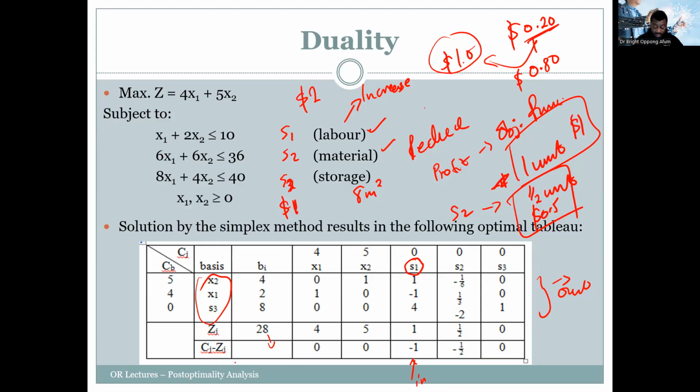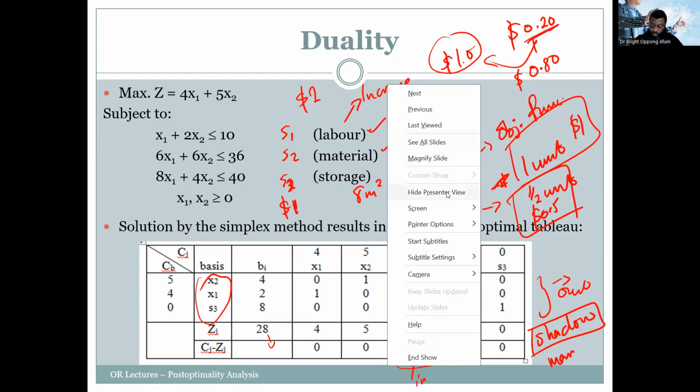So you see that the CJ minus ZJ value under the slack variables, that is these values, are normally called the shadow prices. We call them the shadow prices, or the marginal values.